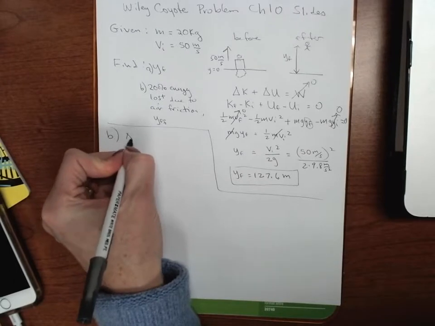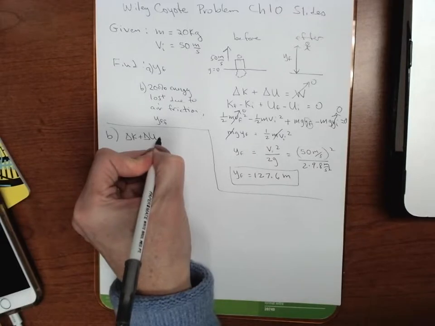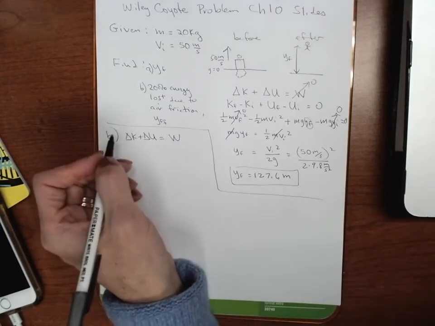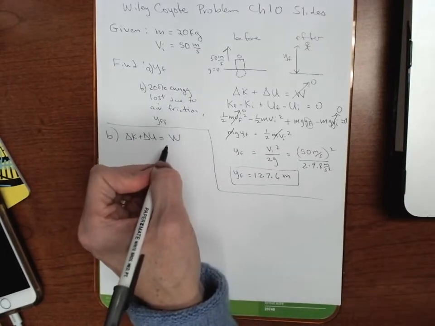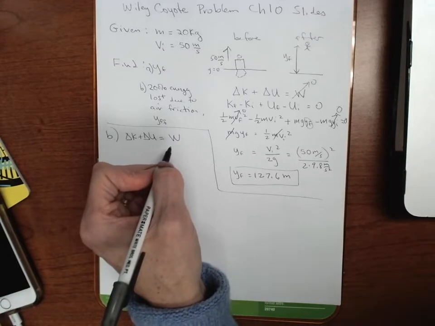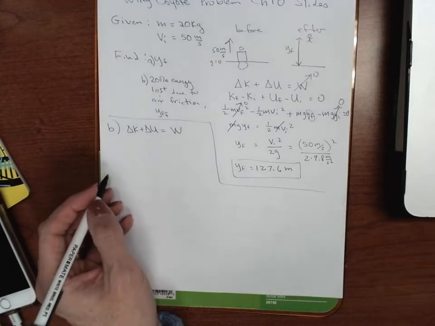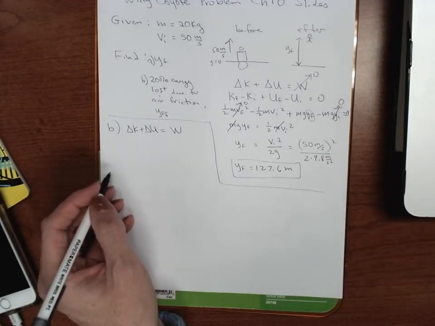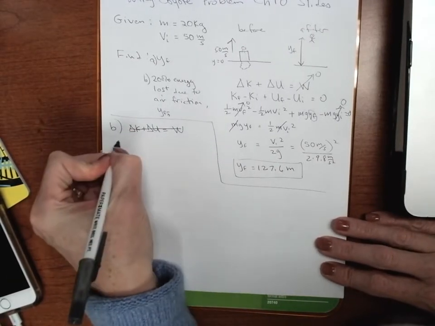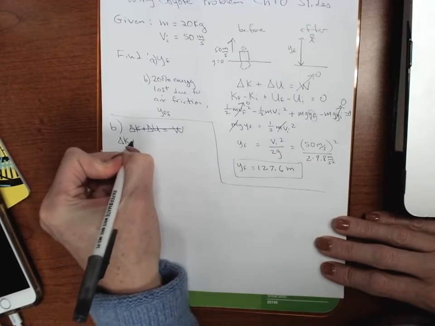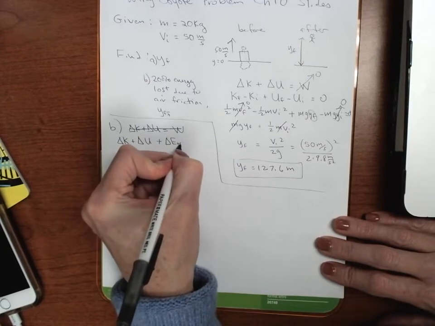So my delta K plus delta U is equal to W. The way I'm going to do this is I'm going to actually write this as change in kinetic energy plus the change in potential energy plus delta E thermal equals 0.